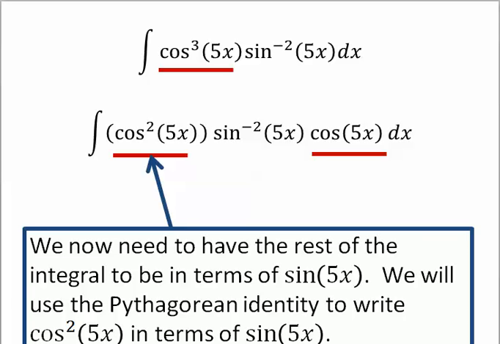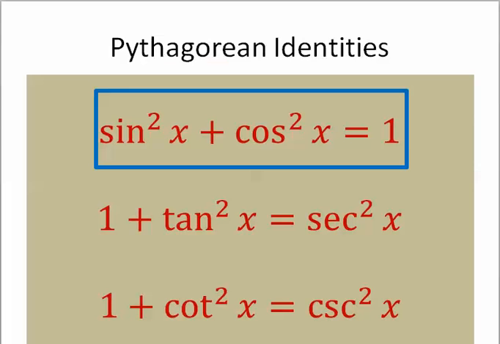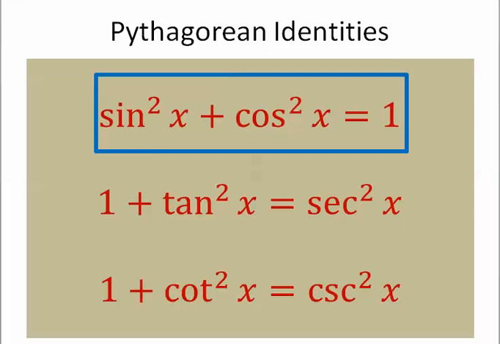I now need to have the rest of the integral be in terms of sine. We will use the Pythagorean identity to write cosine squared in terms of sine. So here's your Pythagorean identity.